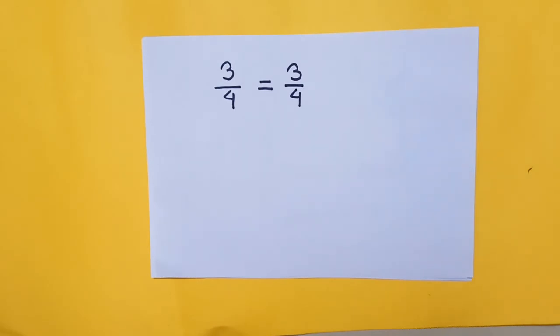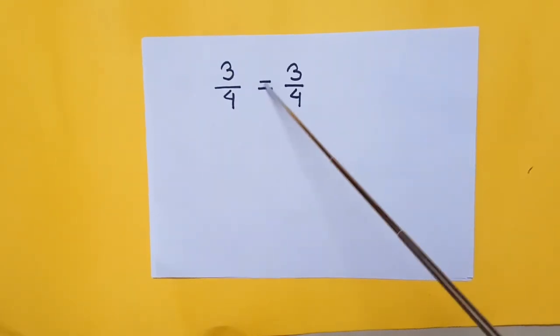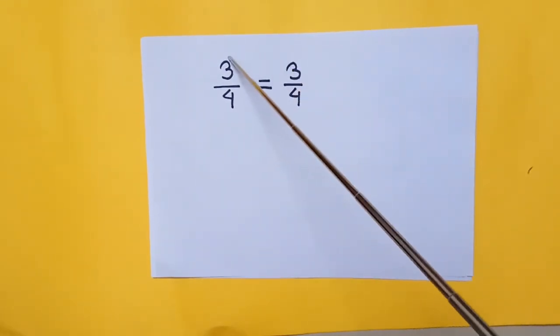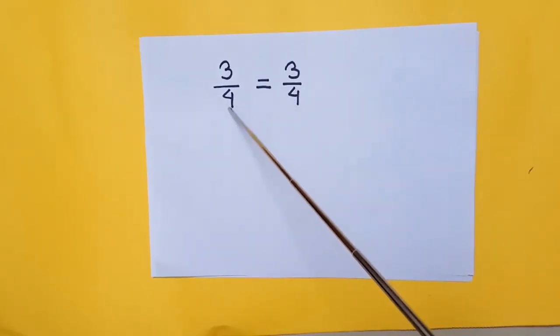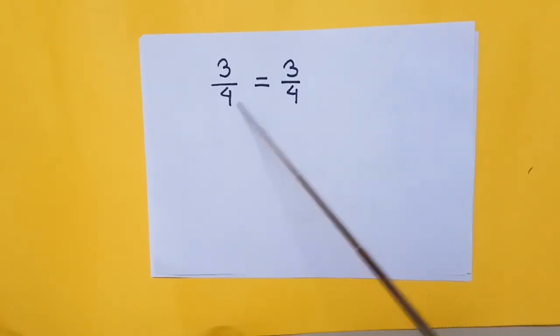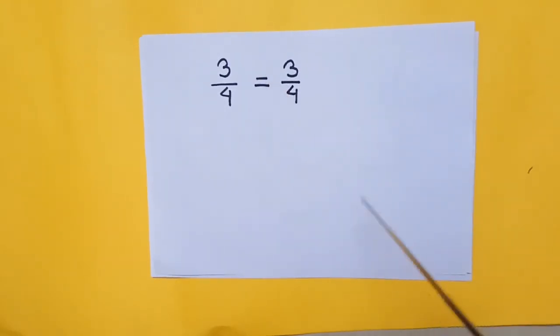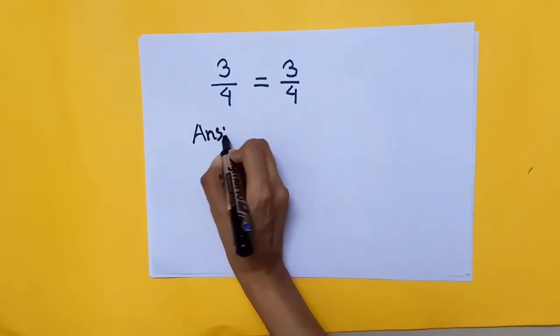For that, we observe that here 3/4 is equal to 3/4. 3/4 and 3/4 are two same fractions. So we can say 3/4 is equal to 3/4. So the statement is true. We will write the answer true.